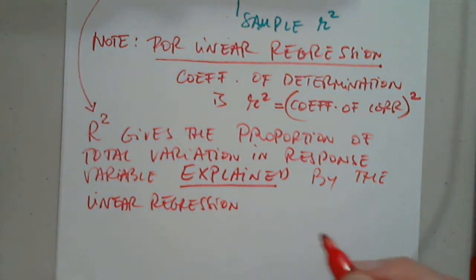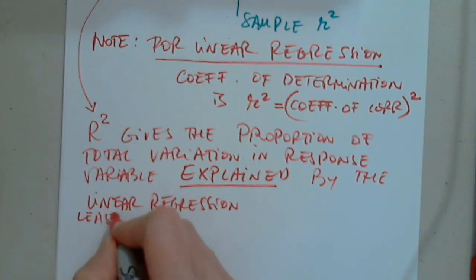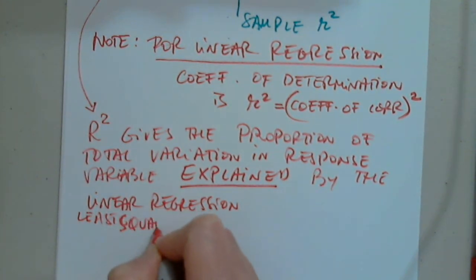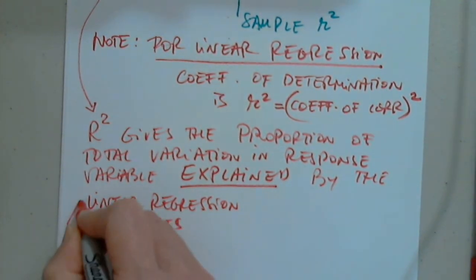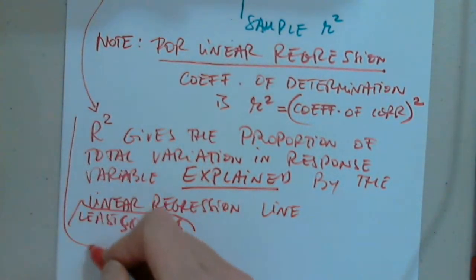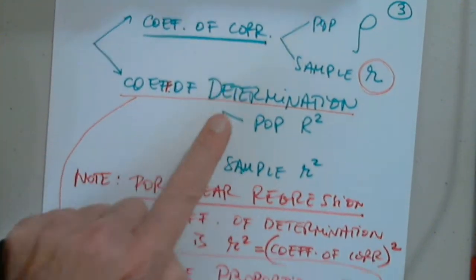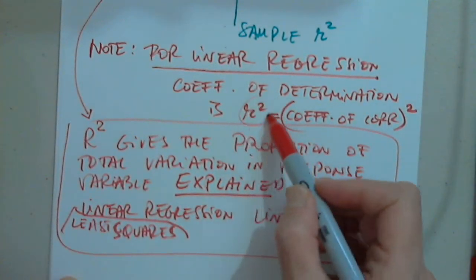Of course, the least squares. I want to put it in. By the least squares regression line. So this is totally different than the coefficient of correlation, but it can be determined by squaring r.